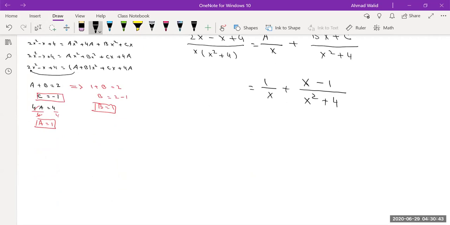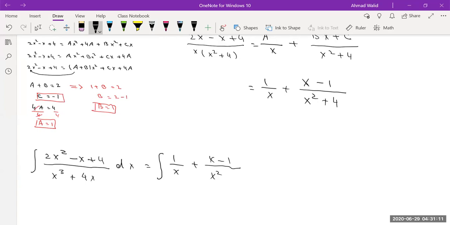Then I can write the integral of (2x squared minus x plus 4) over (x cubed plus 4x) dx actually equals the integral of 1 over x plus (x minus 1) over (x squared plus 4) dx.